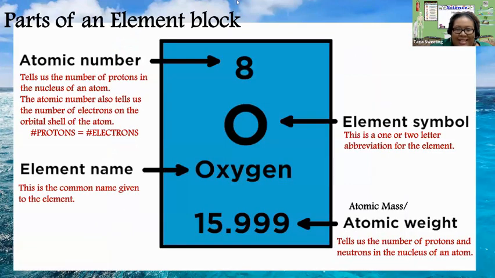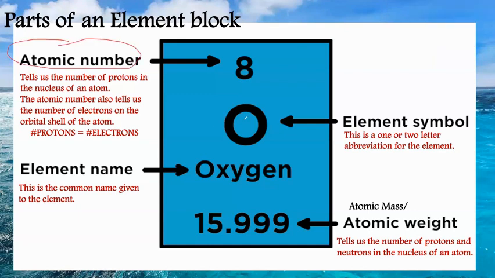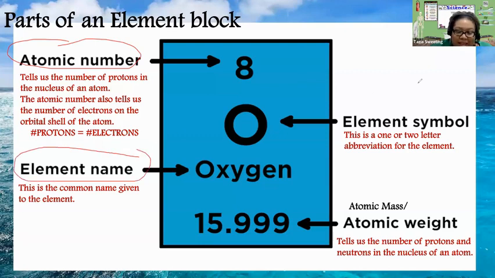If we dissect this element block and look at the different components, we can see it has 4 main components: the atomic number, the element name, the element symbol, and the atomic mass or atomic weight.